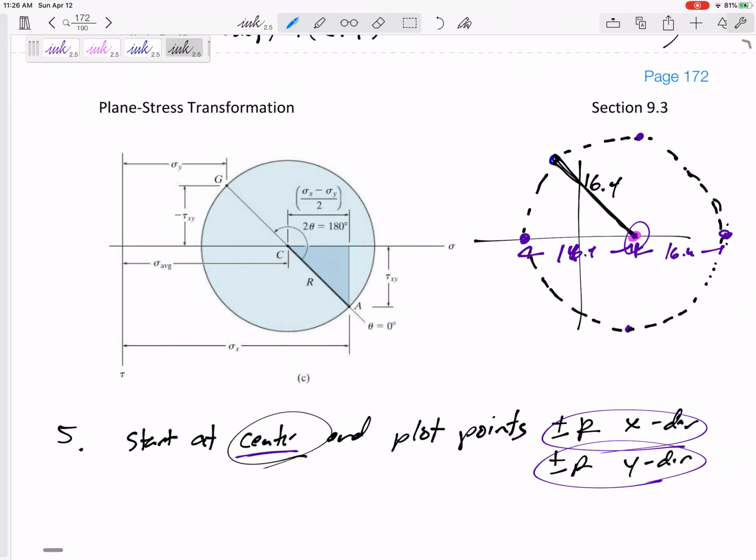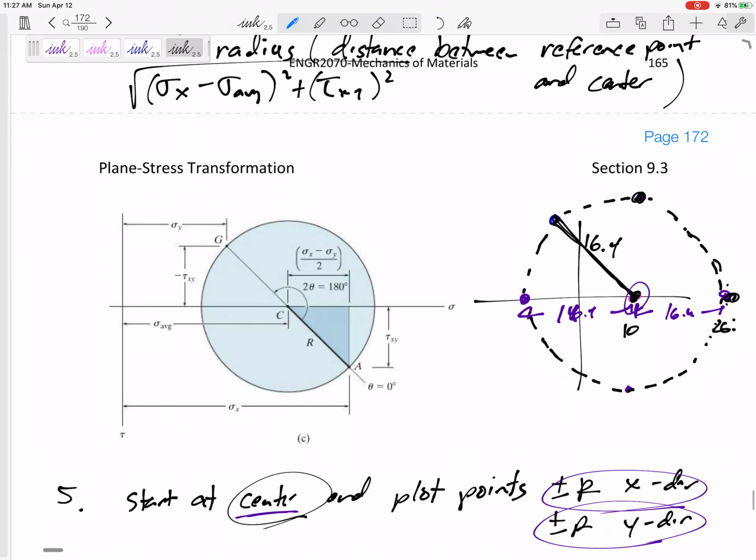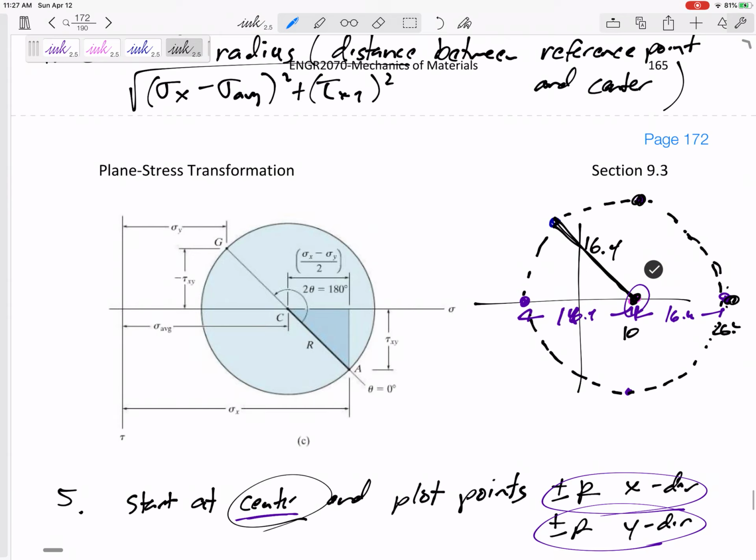Now, mathematically, be sure this makes sense, right? Starting at your center. So let's say my center was at 10 right here. So I would go all the way over here to 26.4, right? And then I would start at 10. I would subtract. I would go to the left 16.4. What would that be? Negative 6.4, right?